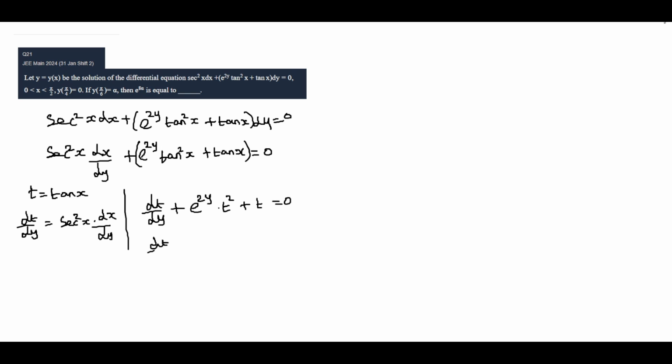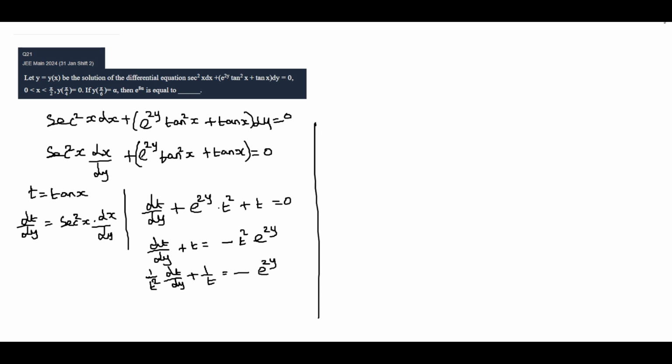So dt by dy plus t is equal to minus t square e power 2y. Again you divide with t square, so you get 1 by t square dt by dy plus 1 by t is equal to minus e power 2y.